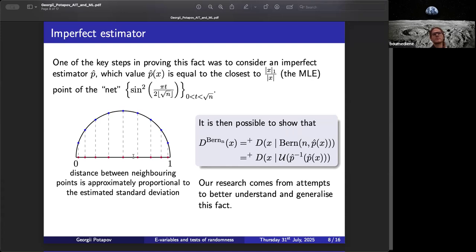How do we compute it? We compute the maximum likelihood estimation and find the nearest point of this net of dots. So essentially, for example, if we have 49 ones out of 100 bits, then we do not think that probability of getting 1 is 49 over 100. We think that it should be approximately 1/2 with some margin, because we cannot be sure.